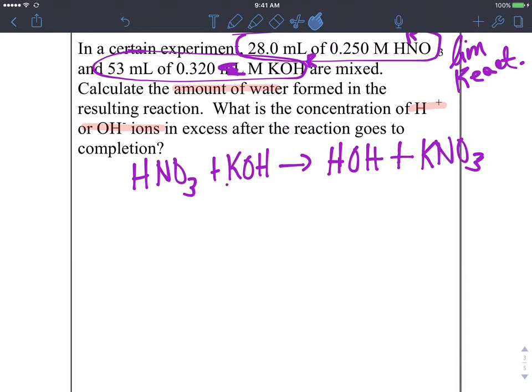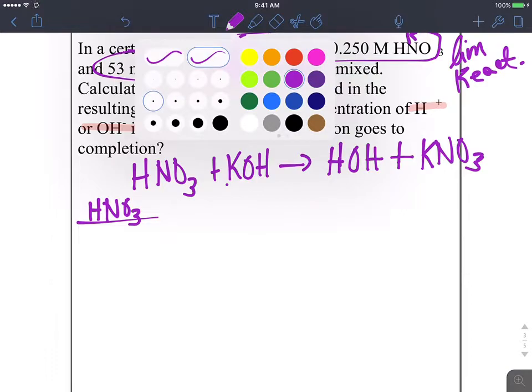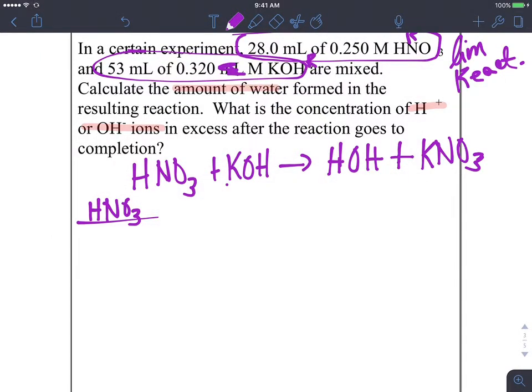Since this is a limiting reactant problem, we start with one of our reactants. In this case, we'll start with HNO3 because it's listed first. I do apologize, I am going to try using my finger as my stylus, as my stylus is not working very well today. Again, molarity conversion factor. You start with the 28 milliliters of HNO3. Then you use your molarity as a conversion factor.